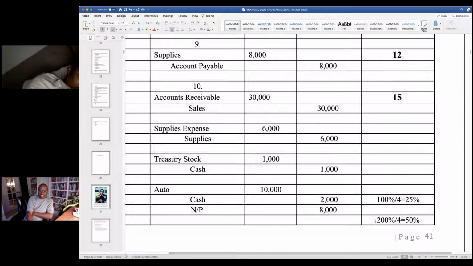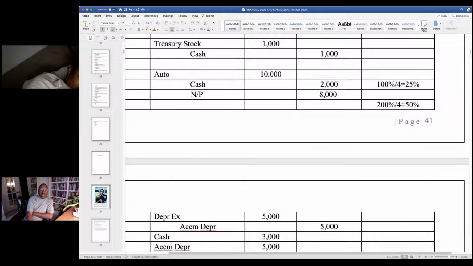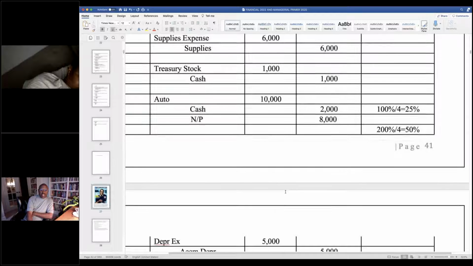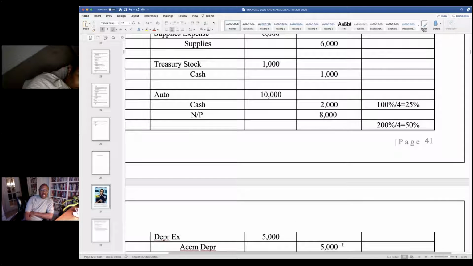But because it's DDB, it's 200 divided by 4. So your depreciation rate is what? 50%. So you're going to take 50% of the cost of the auto. So you would debit depreciation expense for 5,000 and credit accumulated depreciation for 5,000.